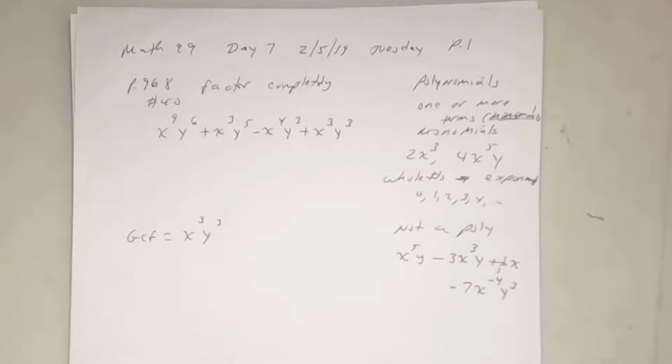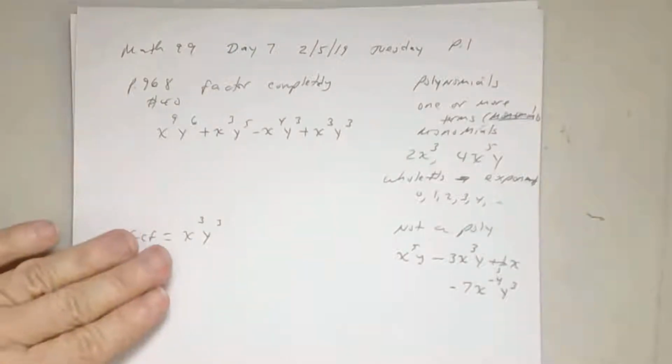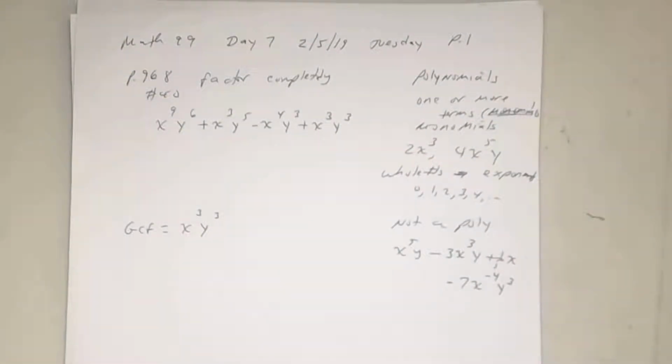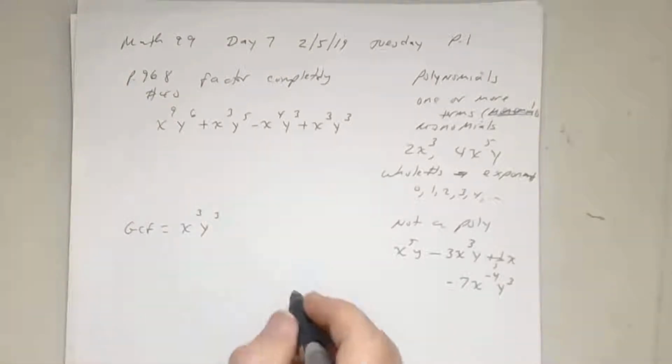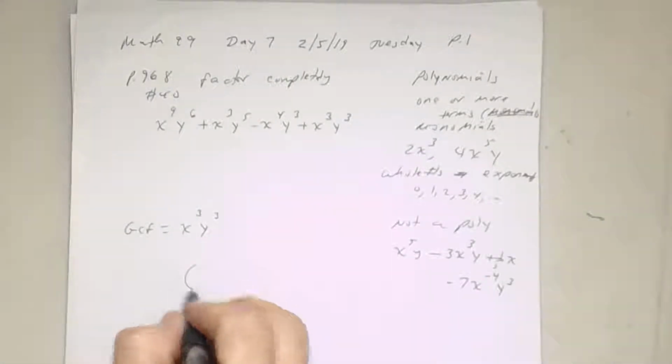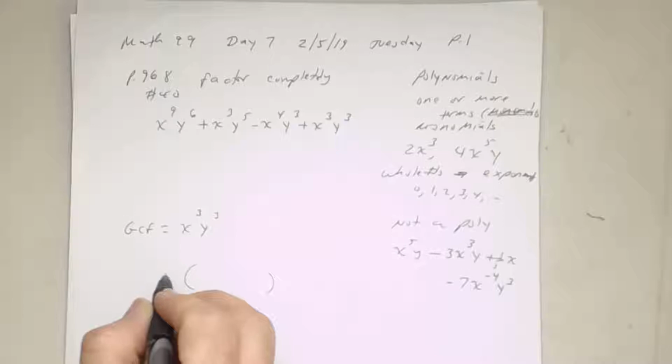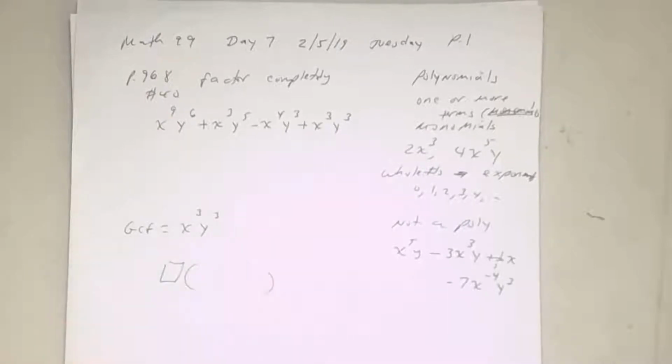When you find the GCF, how do you rewrite this using the GCF? Where do you put the GCF? It's in front, kind of like the distributive property, right? So you've got to think distributive property. So it'll be some expression for this little box here.